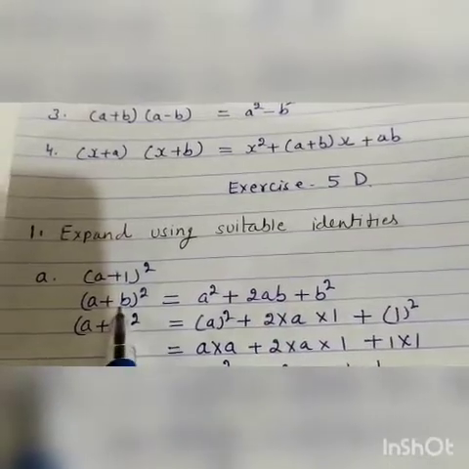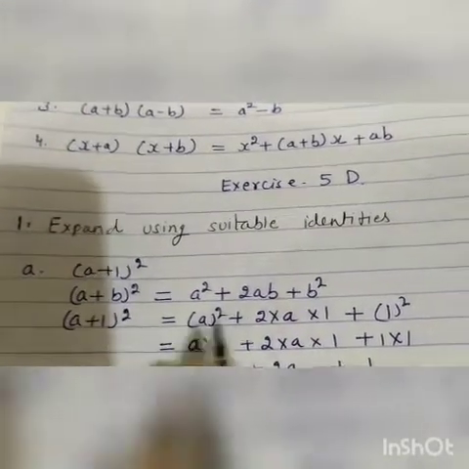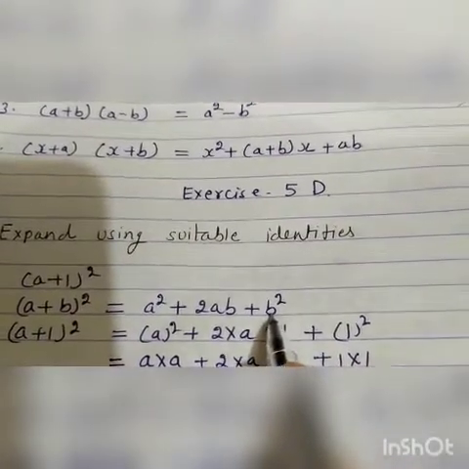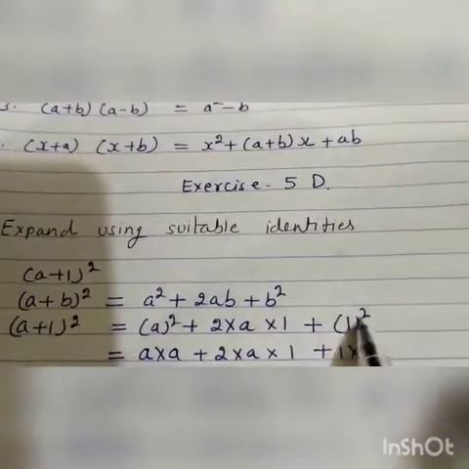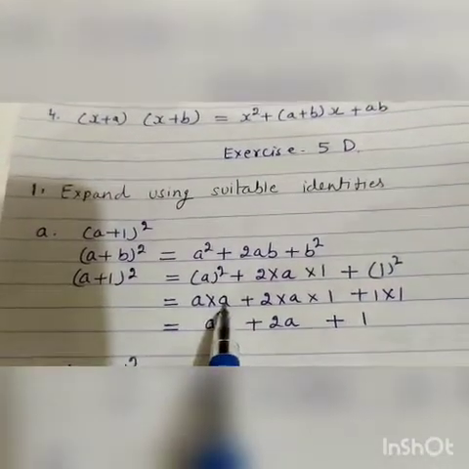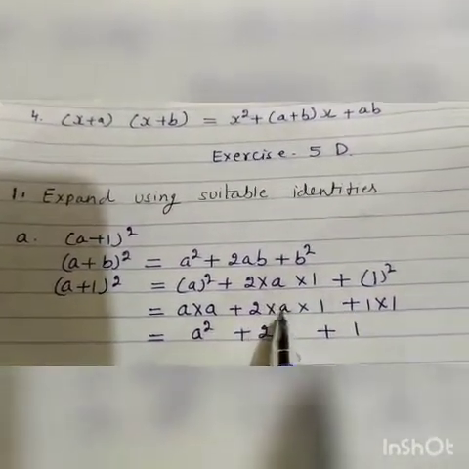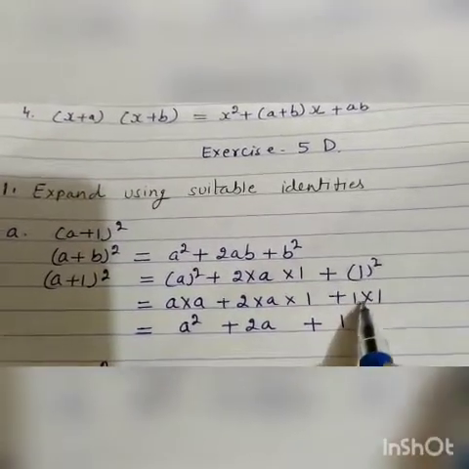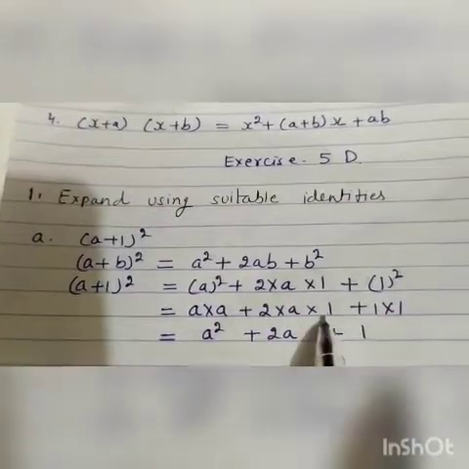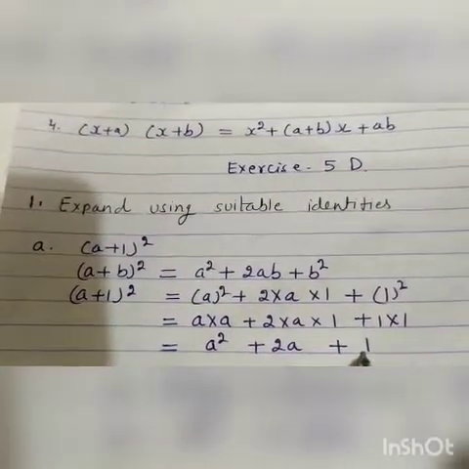In place of b write 1, plus 1 whole square. A square means a multiply a, plus 2 multiply a multiply 1, plus 1 square means 1 multiply 1. So it will be a square plus 2a plus 1.